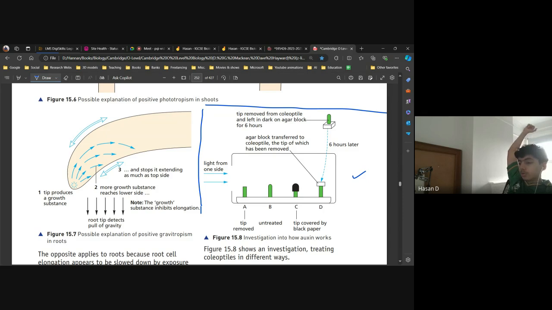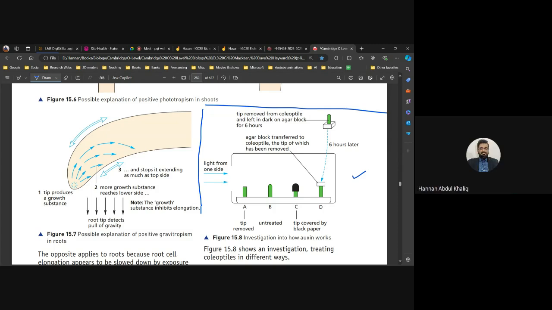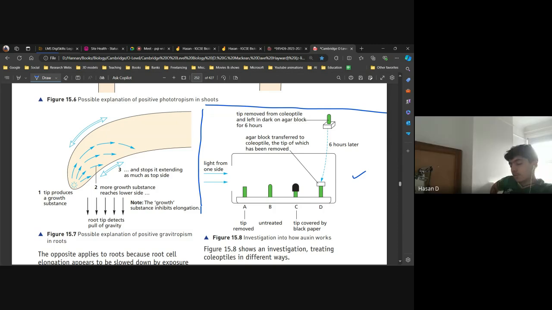It would grow, but it would have the source, but it won't have the sunlight. It would have the source, but it won't have any light because the black paper is creating a shady area.